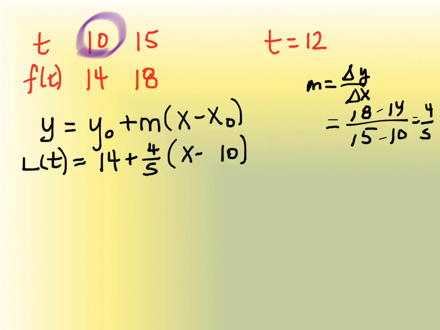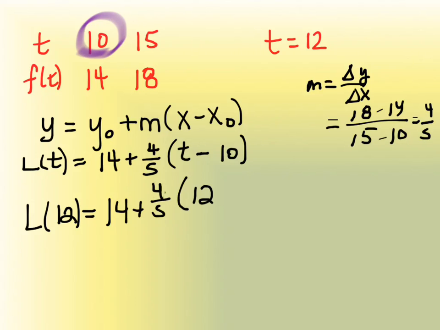So this is the equation of our tangent line. Oh, one other correction here. Let me make that a t. So this is the equation of our tangent line, or the linear approximation. And we're trying to find out what happens at t equal to 12. So we're going to do 14 plus 4 over 5 times 12 minus 10.